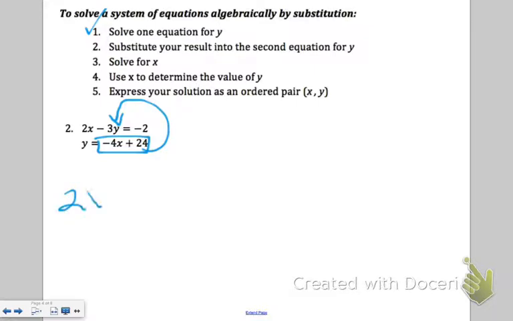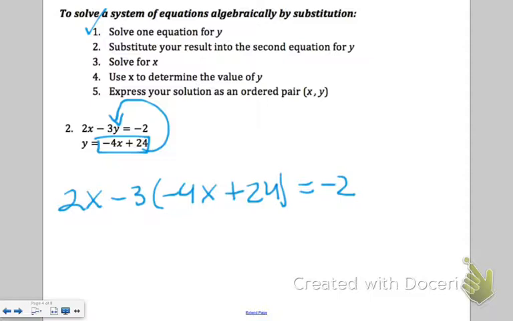So we have 2x minus 3 times negative 4x plus 24 is equal to negative 2. So now we're going to solve our equation for x.